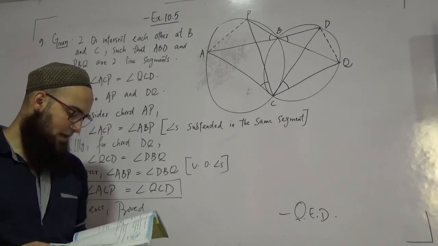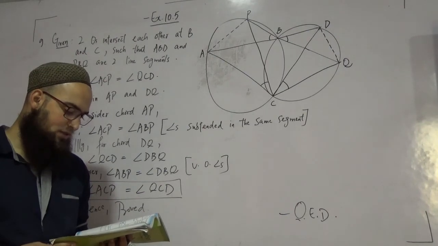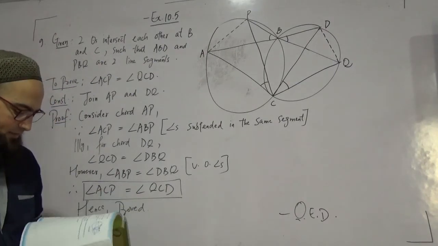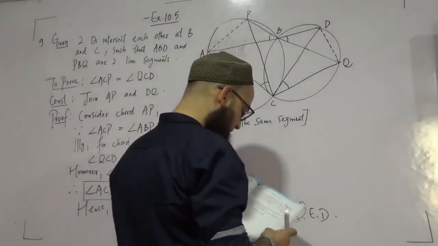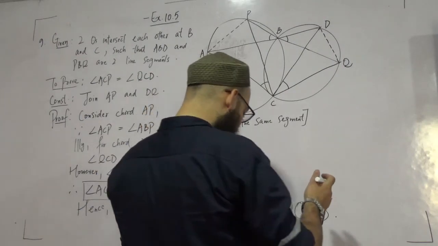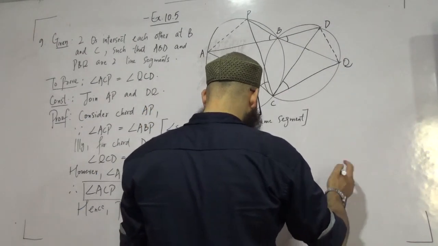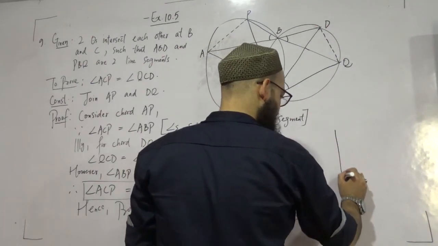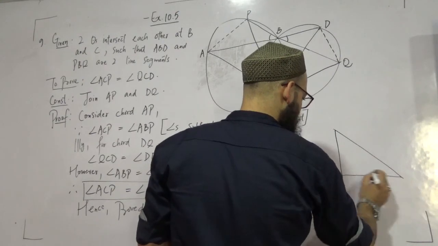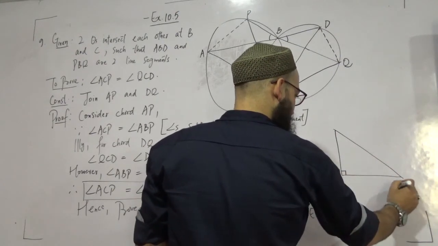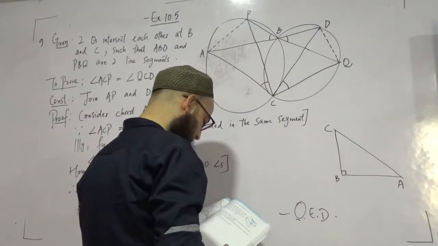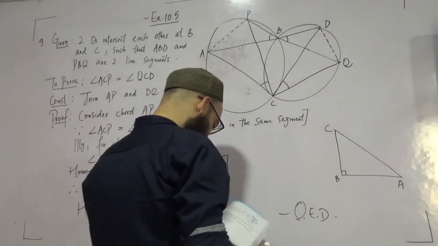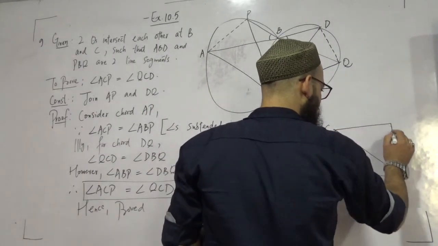Then you have question number 11. ABC and ADC are two right triangles with common hypotenuse AC. Prove that angle CAD is equal to CBD. I'll give you some hint about this. It's like this: ABC, common hypotenuse AC, then you have ADC.